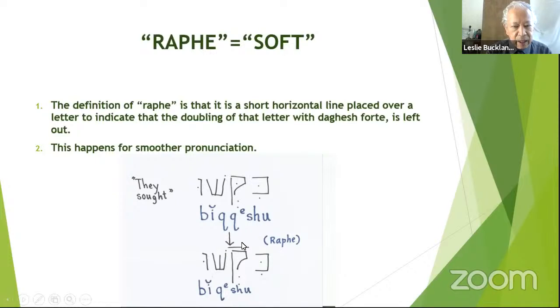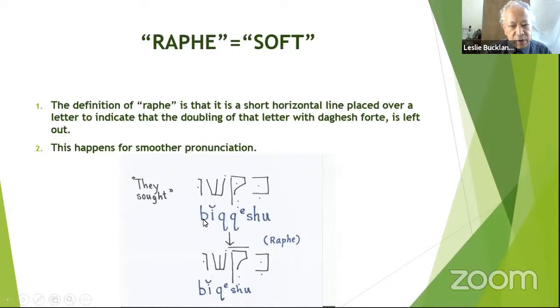However, if you see a line drawn over the consonant that has a dagesh forte in it, it means that it is rafe. And it is done so that the pronunciation can be soft, or smoother.